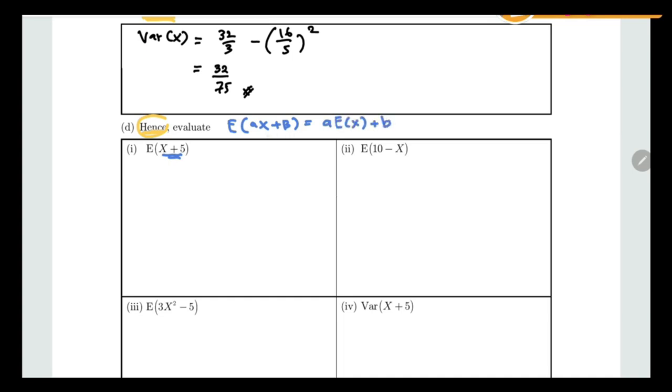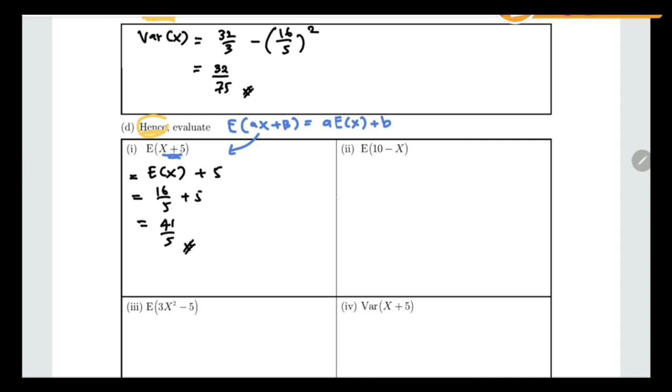So we are going to rewrite this as the expected value of x plus 5 by applying this property. The expected value of x from part B is 16 over 5, and then you just add 5 and calculate. So we got 41 over 5.